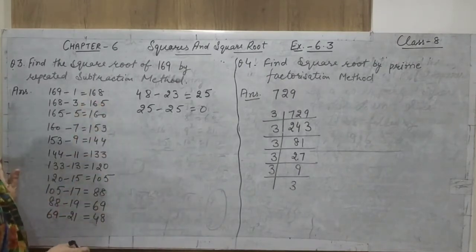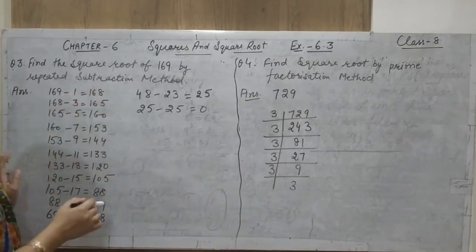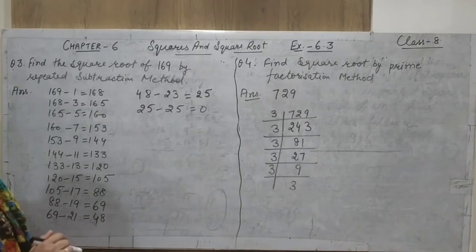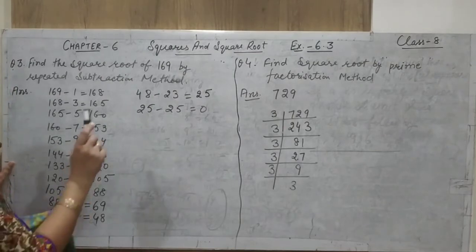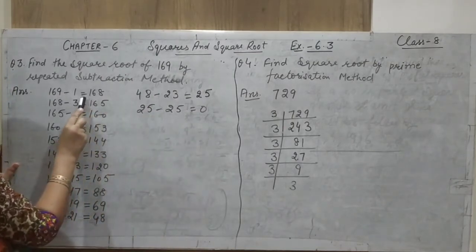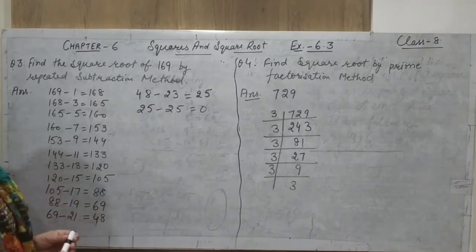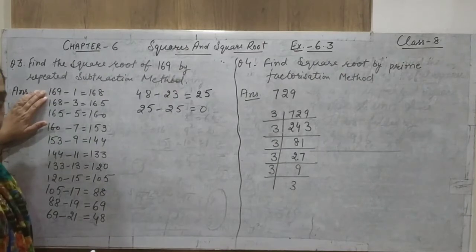This we have already done yesterday also. Repeated subtraction means successive subtraction of odd numbers. We successively subtract odd numbers till 0, starting from 1. The number of terms is counted as the square root of the given number.